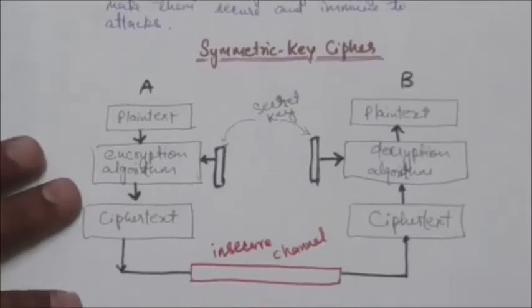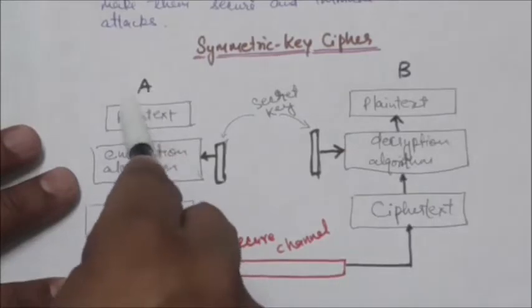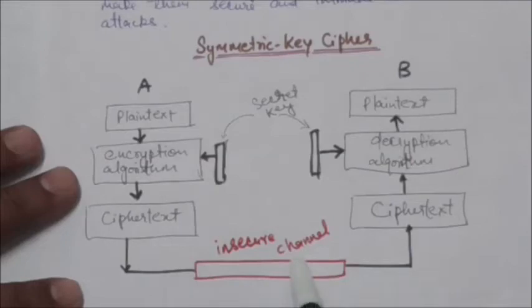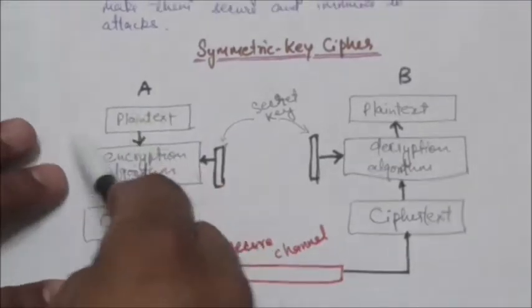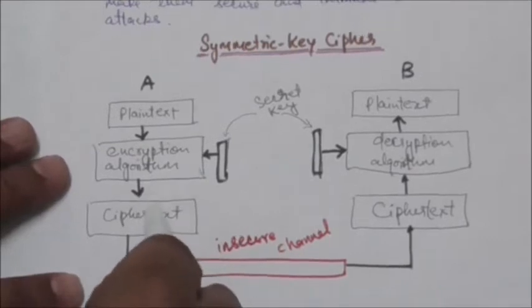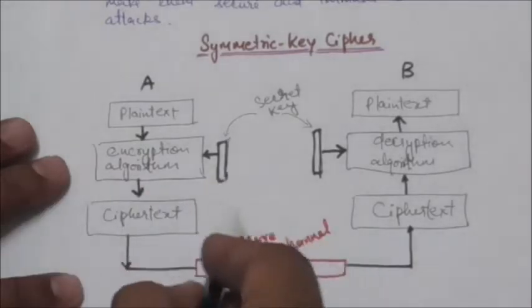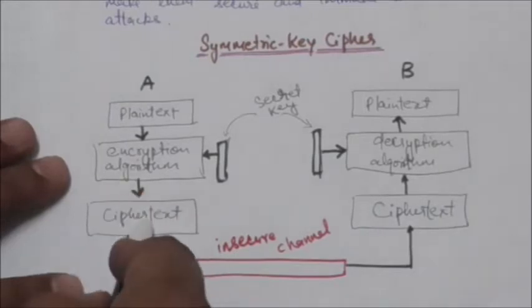Now what happens in symmetric key cipher? Suppose entity A has to send a message to entity B over an insecure channel. The original message is called plain text, and this plain text is converted into another form called ciphertext. The ciphertext is sent through the channel. It is assumed that even if an attacker obtains a copy of the ciphertext, he will not understand the content of the message.